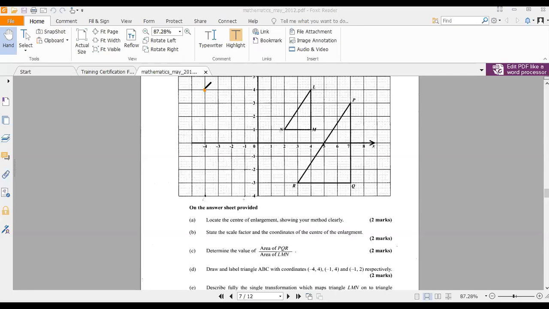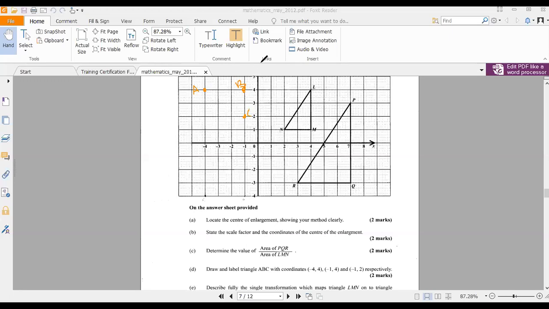Negative 1 and 4 is right here. Then we have negative 1 and 2, which would have been right here. So this will be A, this will be B, and this is C. All right.